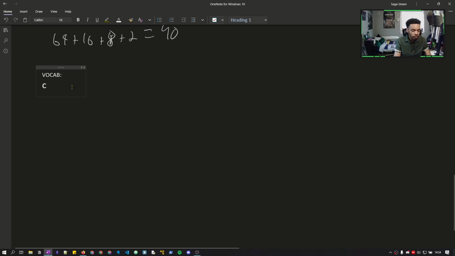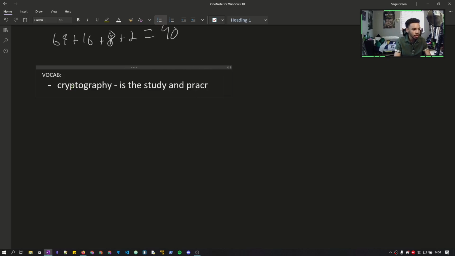So let's talk about our first vocab word, which is cryptography. Now, cryptography is basically the study and practice of secure communications.